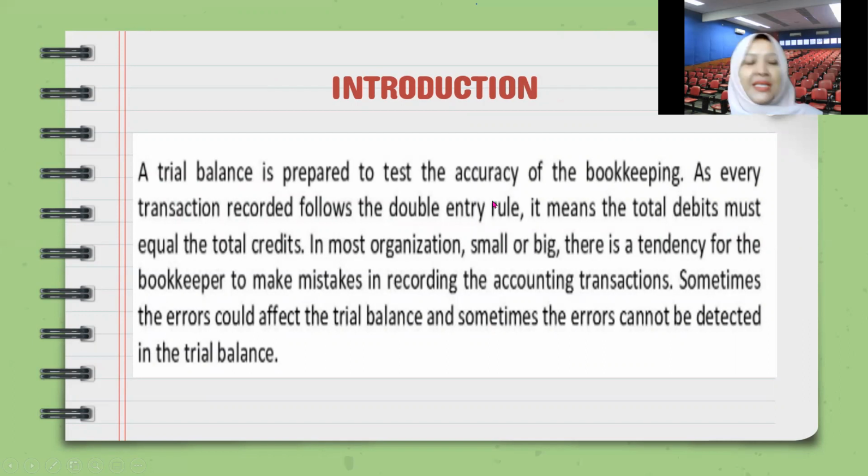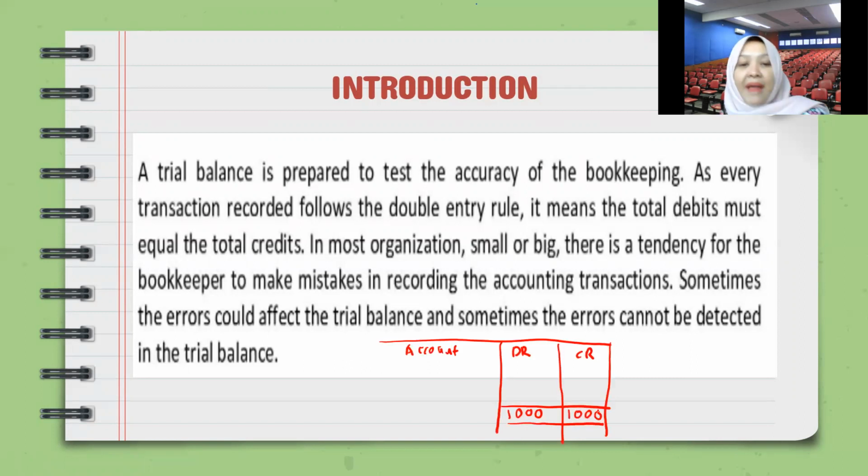If you still remember the format of the trial balance, I will recap this part for you. You have debit items and credit items, and this is the list of your accounts. Your trial balance would be correct if, let's say, you have 1,000 on your debit side and you also have 1,000 on your credit side. This is how your trial balance looks like.